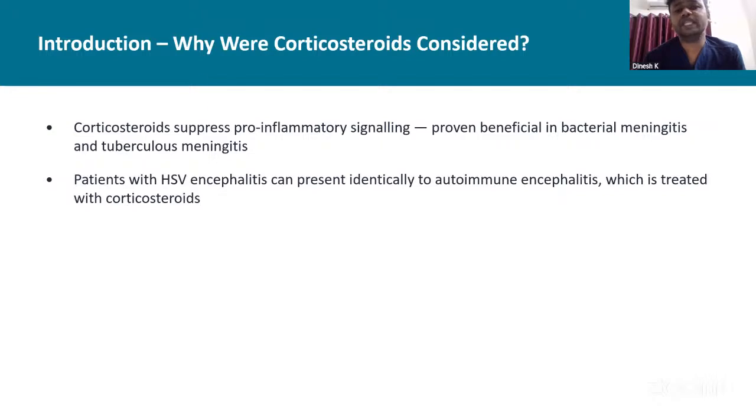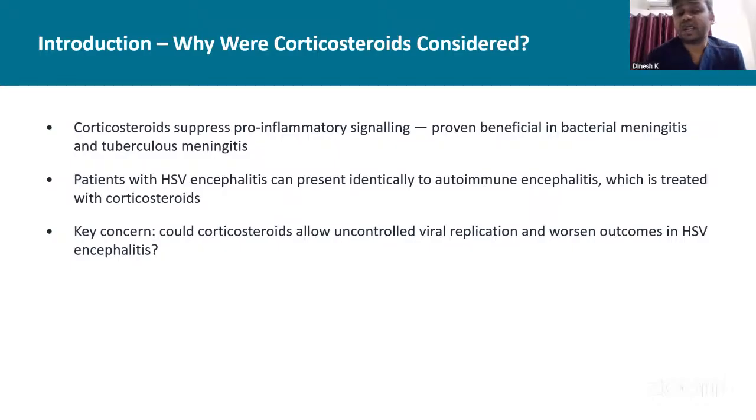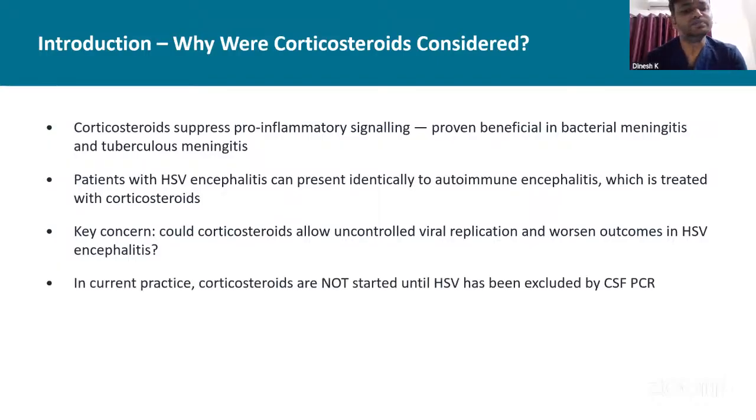And not only that, HSV encephalitis can closely mimic autoimmune encephalitis, for which the treatment remains steroids. But the fear factor for using steroids in HSV encephalitis is that steroids can cause uncontrolled viral replication, which in turn worsens the outcome. So this was the key concern.